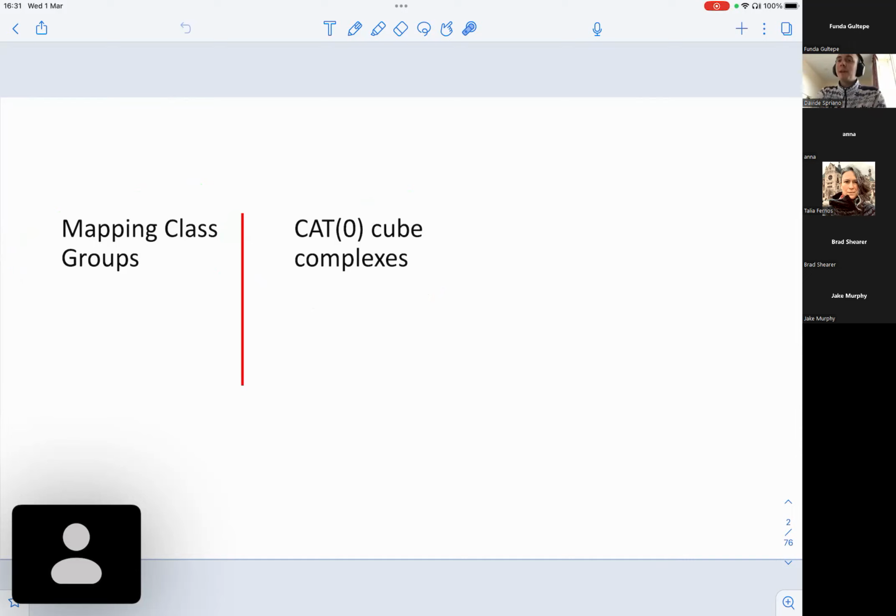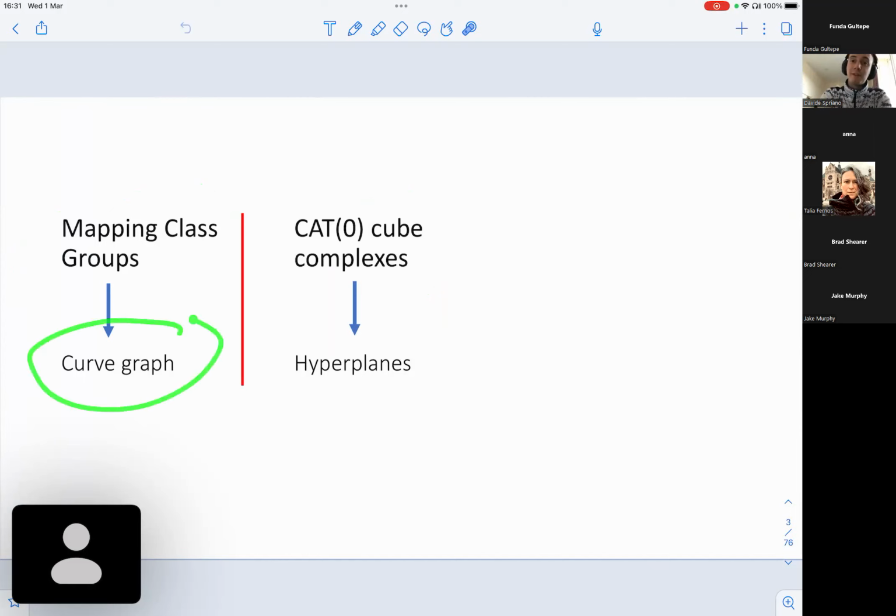But one thing that makes those two objects tractable is that for both of them, we have a very good tool that we can use to study them. Not the only one, of course, there are many tools, but one tool that is very important in the study of mapping class groups is the curve graph. And one tool in the case of Katsir cube complexes are hyperplanes.